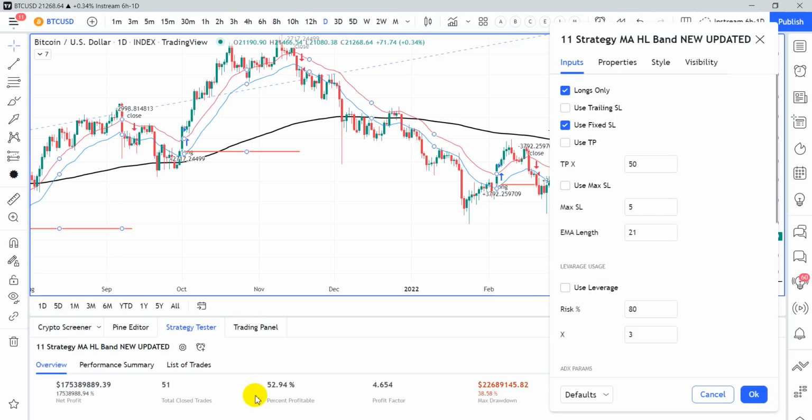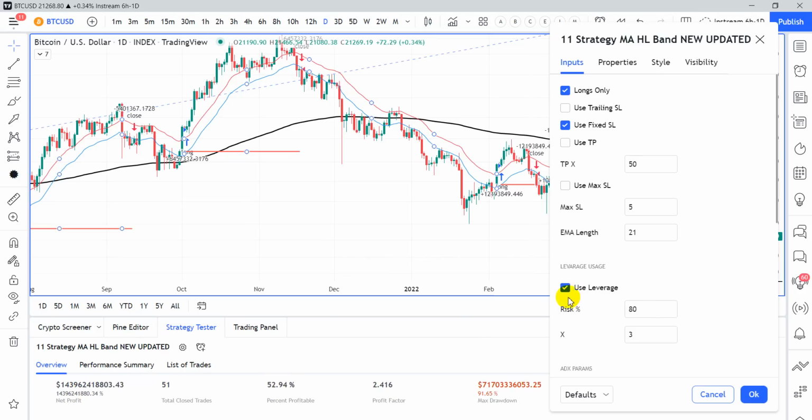So I know that almost 53% win rate gives me an opportunity to use leverage, which also increases my risk, but it also increases my potential reward. So what I would do, I will use the same 80% equity, but I will use the leverage. Over here it is 3x. And look how it increased.